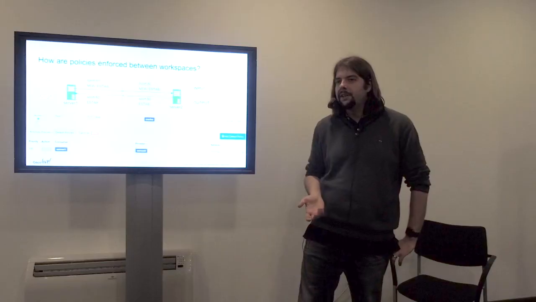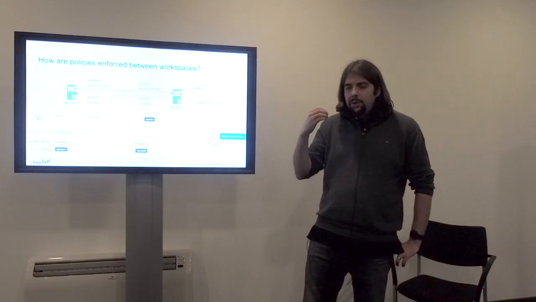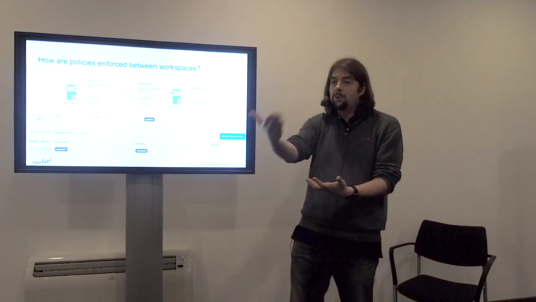Can you use tagging or grouping from the other workspace when sending the request? Or do I have to know the IP address of server 2, or can I just say, I want to connect to the database servers in workspace 2? Absolutely. You can use the grouping and the tagging. The user defines what he wants to show to you.